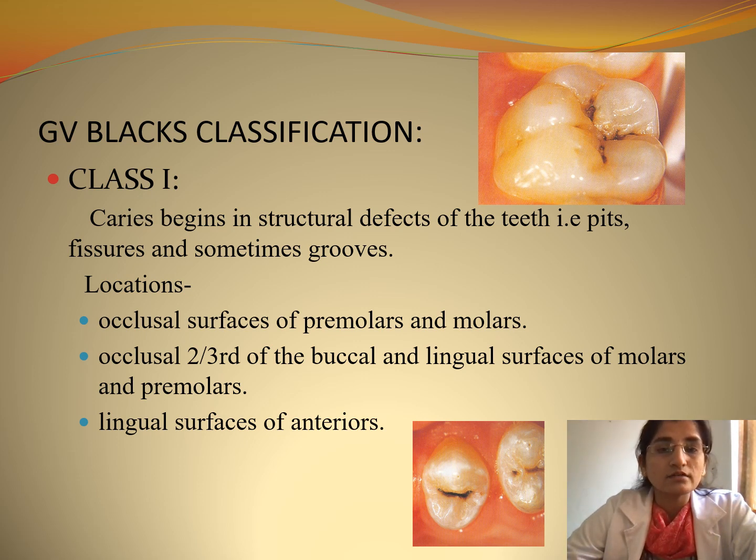Class 1 begins in structural defects of the teeth, that is pits, fissures, and grooves. Basically it involves the occlusal surfaces of premolars and molars, the occlusal two-thirds of the buccal and lingual surfaces of molars and premolars, and the lingual surfaces of maxillary anterior teeth.